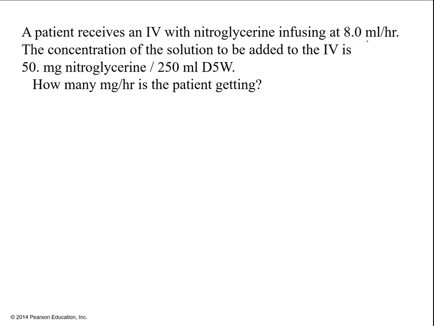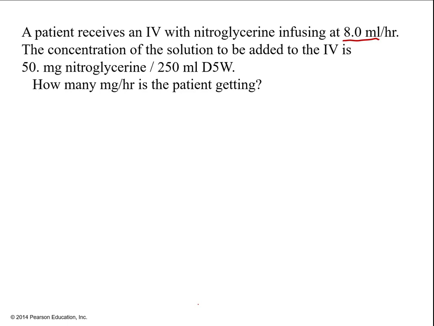So that means I'm giving this patient 8 milliliters of that medicine per hour, evenly distributed over that course of time. It says the concentration of the solution to be added to the IV is 50.0 milligrams of nitroglycerin per 250 milliliters of D5W.